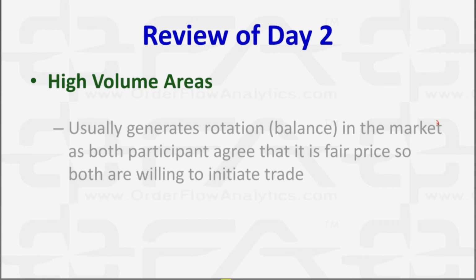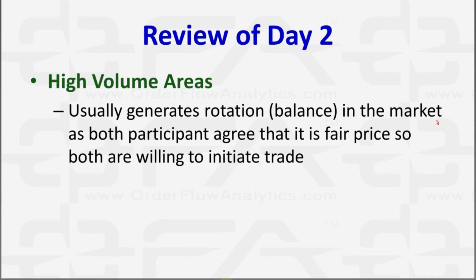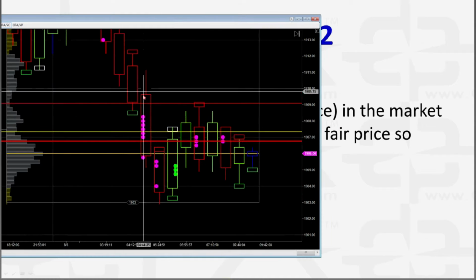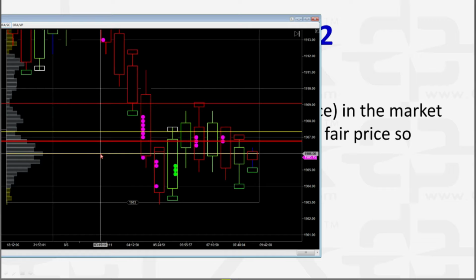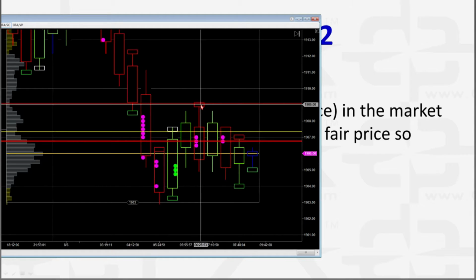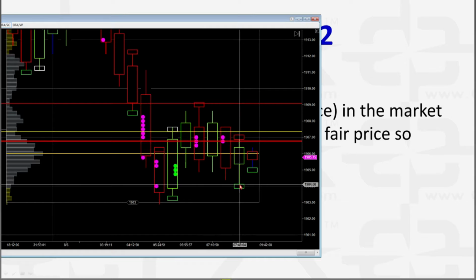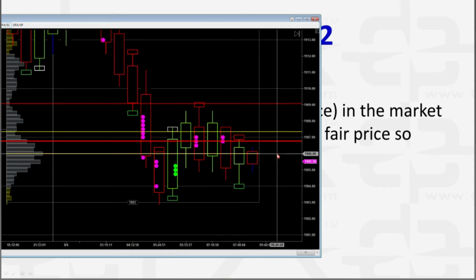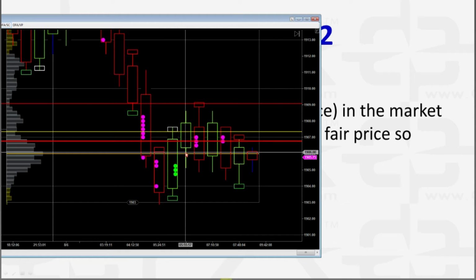High volume areas usually generate rotation. It's important to know when price comes to a high volume area, and just look at what we have this morning. Here's our VPOC, which is a high volume area. What are we getting? Rotation: down, up, down. We're getting rotation around VPOC. And that's because in the pre-market we had the buyers step in.